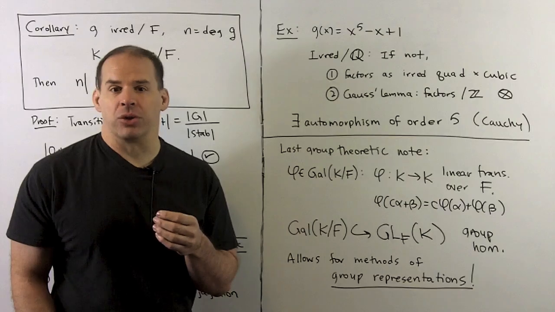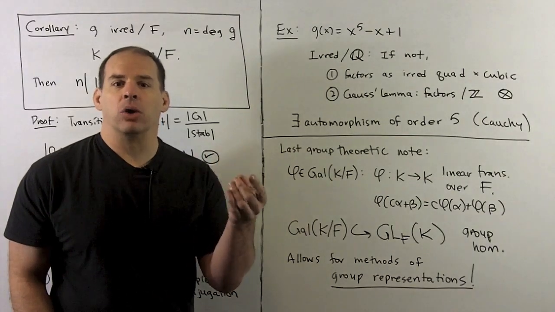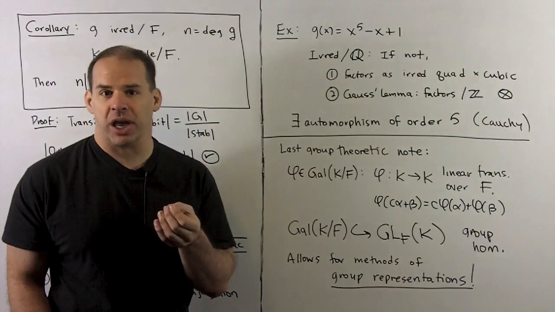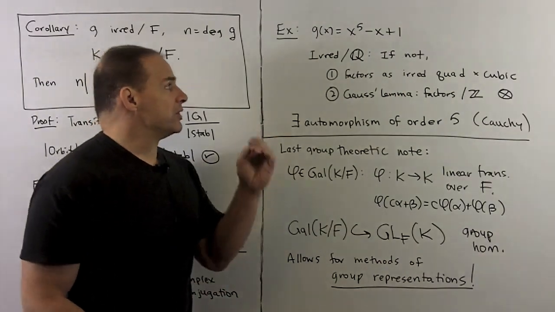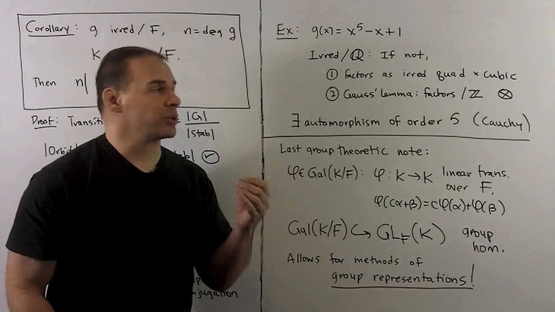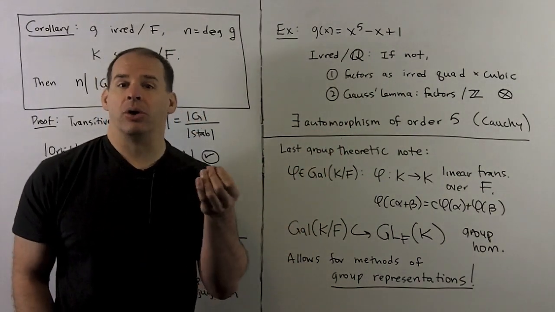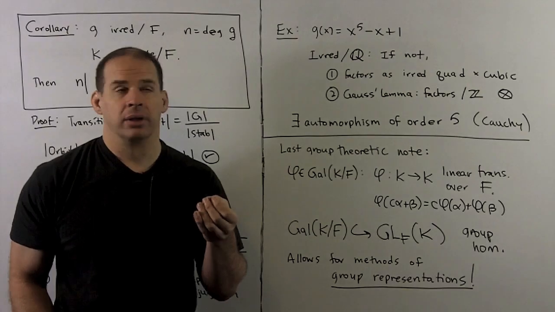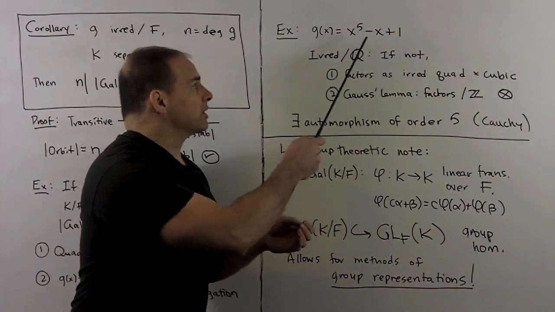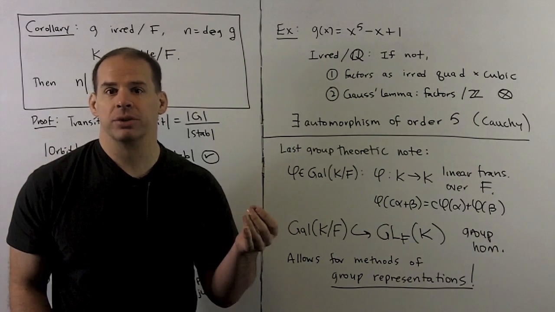Another useful application of the corollary is that it will give us the existence of elements in the Galois group, although we may not be able to find them precisely. For instance, take a familiar example: the polynomial x to the 5th minus x plus 1 over the rationals. First note, this polynomial is irreducible over the rationals. By the rational roots test, the only possible rational roots are plus or minus 1, and they're not roots.